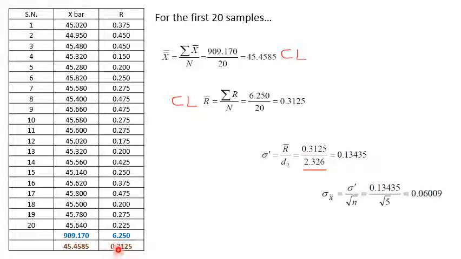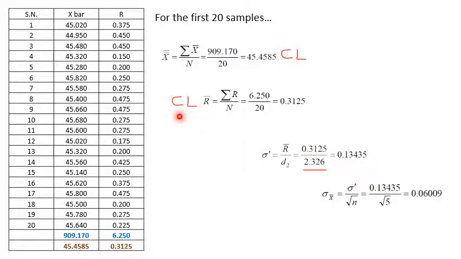Similarly, R bar is equal to summation R divided by n, which is equal to 0.3125. So X double bar is equal to 45.4585.